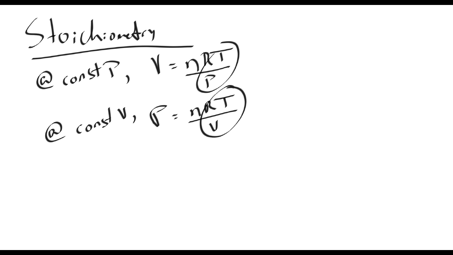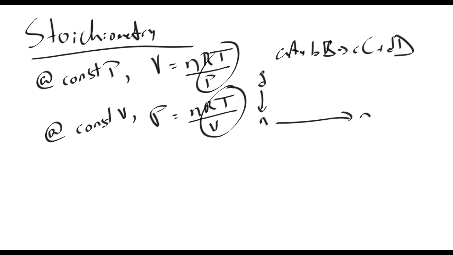So when doing a stoichiometry problem, AA plus BB goes to CC plus DD, instead of going from grams to moles to grams, you can now substitute volume and pressure in for grams or moles. Okay? Now, all roads still lead to moles. Everything goes through moles. But sometimes you can sort of make a shortcut. And that's what gas phase problems allow us to do.